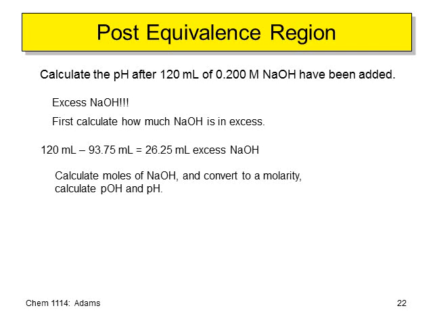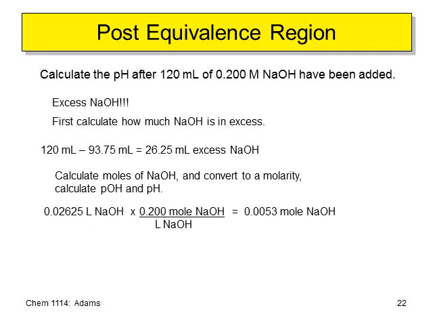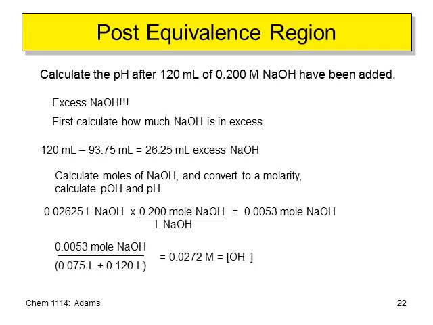Knowing my volume times my molarity is moles. This is how many moles of sodium hydroxide are present. If I divide by the new total volume, 75 plus 120 milliliters, I get a new molarity.